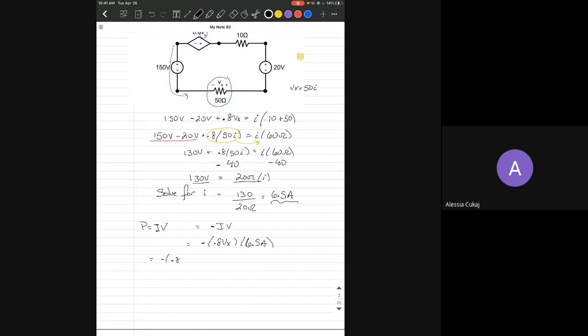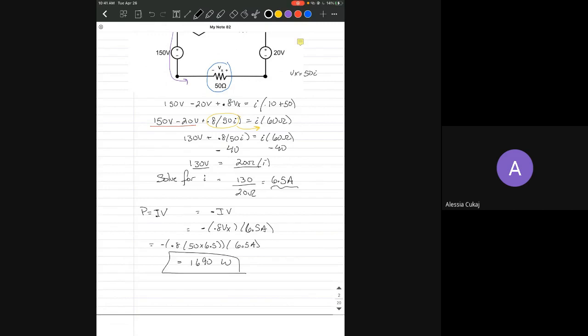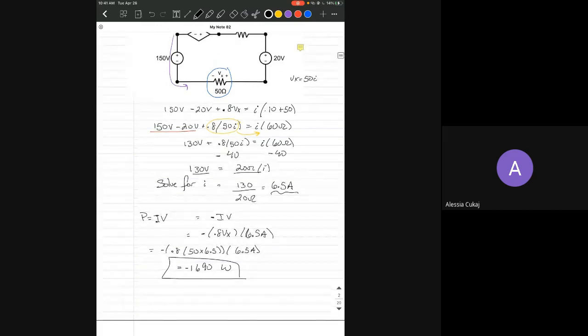So we get negative 0.8 times 50 times 6.5, and then again multiply by the 6.5 amps. Once you plug that into your calculator, you should get 1690. Since it's power, the unit is watts. Oh, don't forget the negative. Don't forget the negative, very important. But yeah, those are the two problems that I have for you guys.